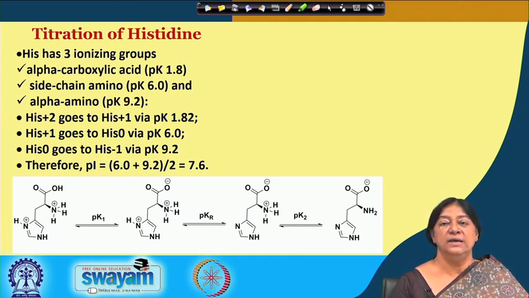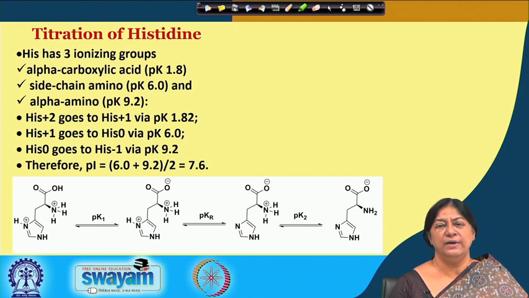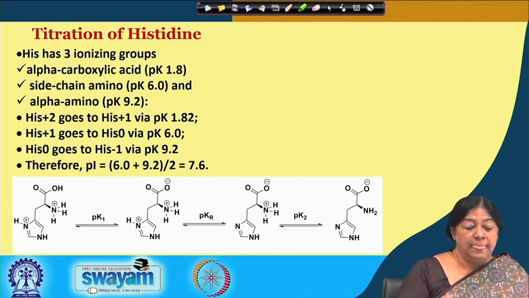And because it can vary from around 5.8 to more than 7.5, it is extremely important in physiological processes and as enzymes in proteins, where we see a lot of histidine residues present at the catalytic site of proteins.